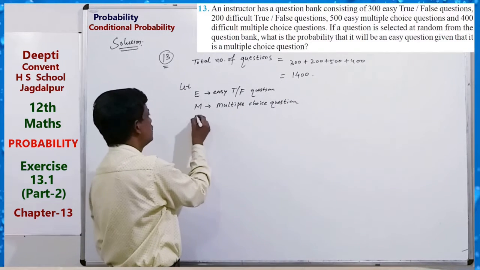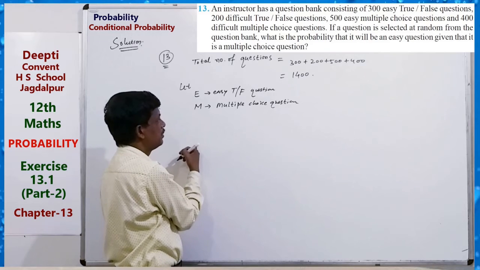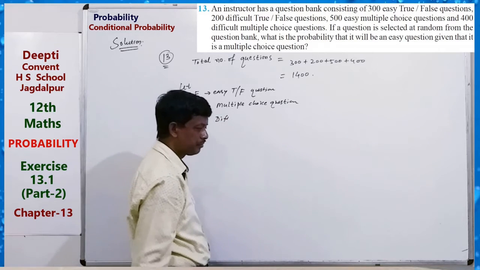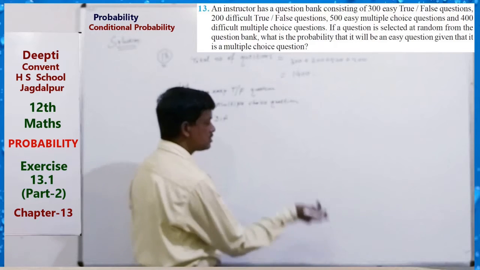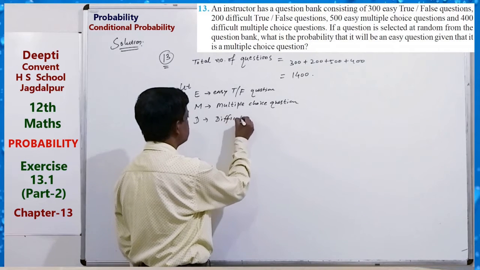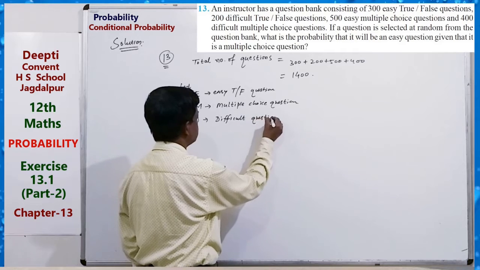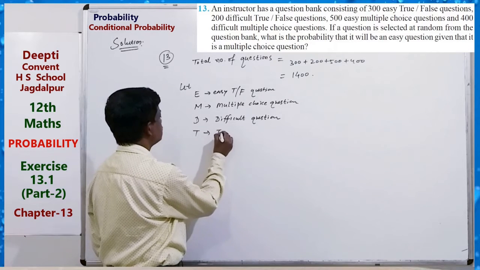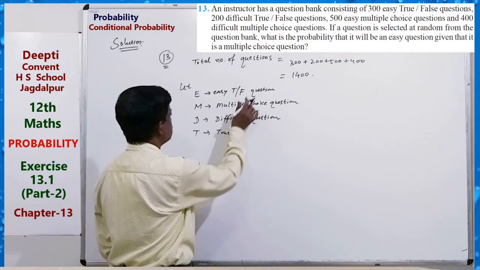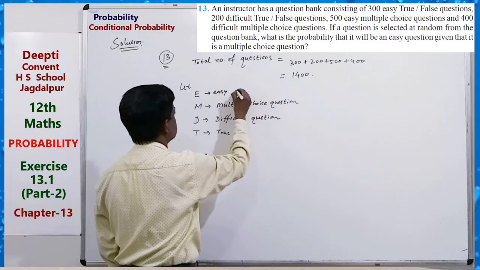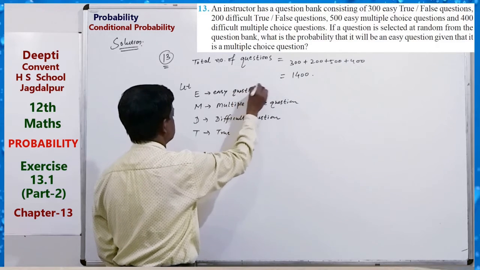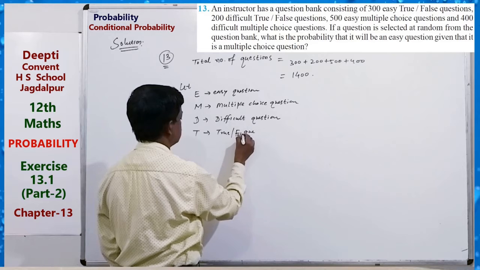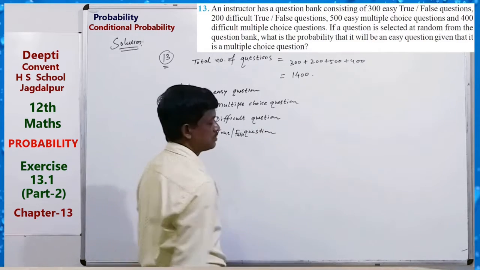Let E denote easy questions, M denote multiple choice questions, D difficult questions, and T true false questions.